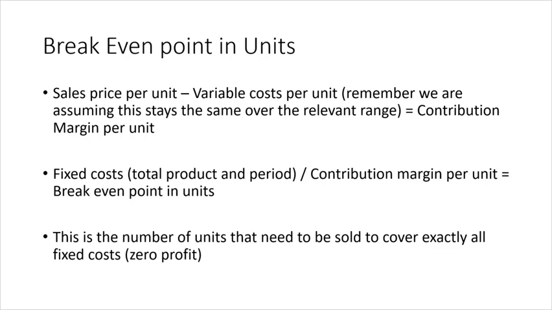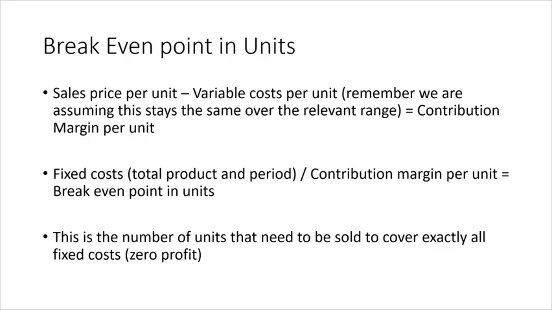So to calculate your break-even point in units, you take your fixed costs, all of them: product costs, fixed manufacturing overhead, fixed selling costs, fixed administrative costs. We total those up, and we divide by the contribution margin per unit we got in step 1.